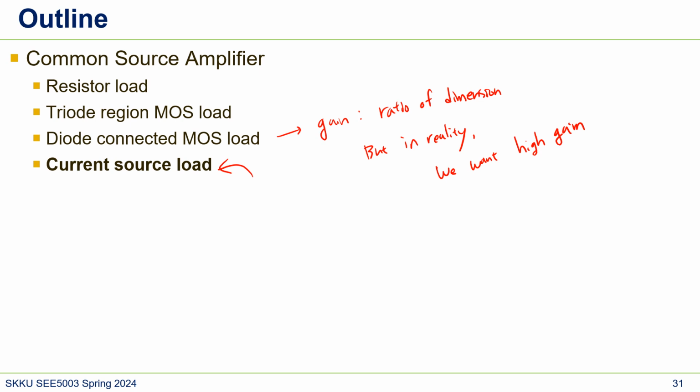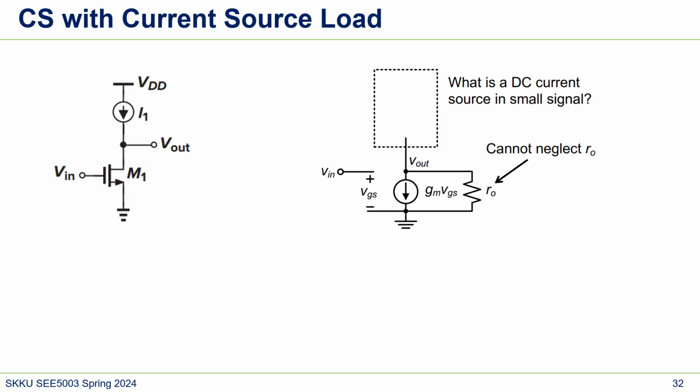So again, for a diode connected MOS load, its gain is the ratio of dimension, so it's immune to PVT, but it's not that useful because in actual application, what we want is high gain. So for that high gain, we will use this current source load.